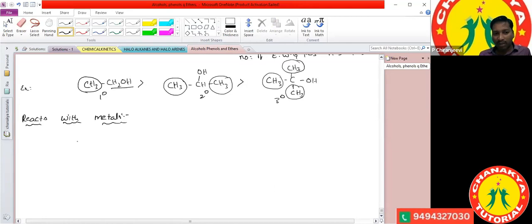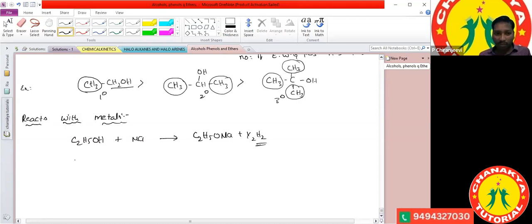For example, ethyl alcohol, C2H5OH, reacts with sodium metal and forms C2H5ONa plus half H2. It releases hydrogen gas, because acids release hydrogen gas when they react with metals. Based on that we can say alcohol is acidic in nature.